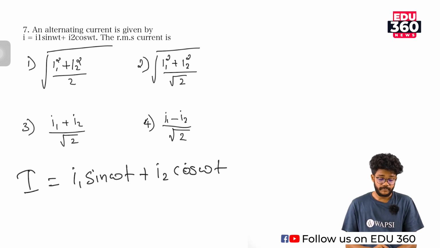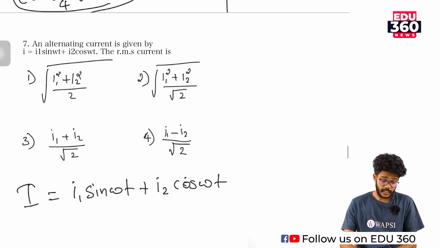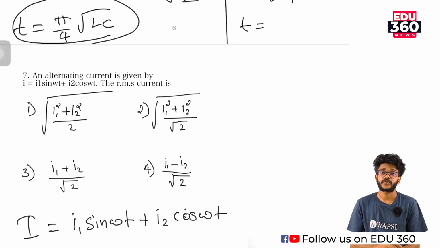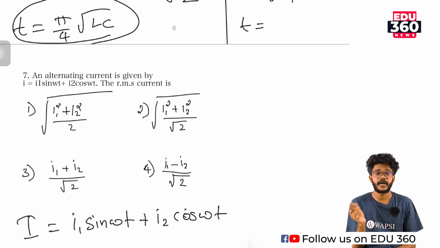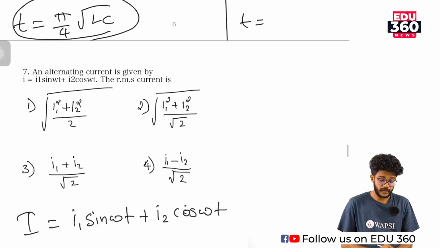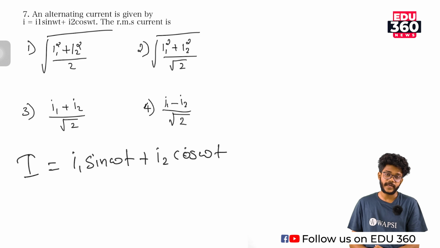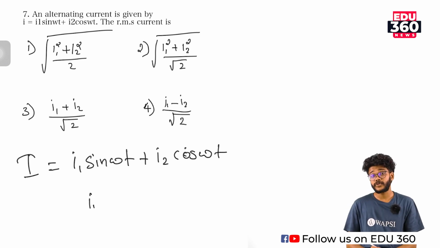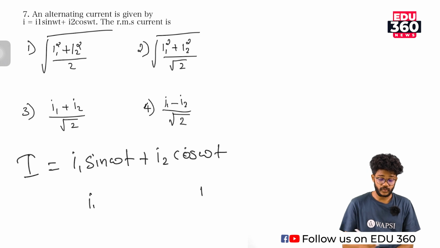We are asked to find the RMS current. What is the full form of RMS? Root mean square. So after taking the square, find the mean value and take the root. The maximum value of I1 sin omega t is just I1, and the maximum value of I2 cos omega t is just I2.